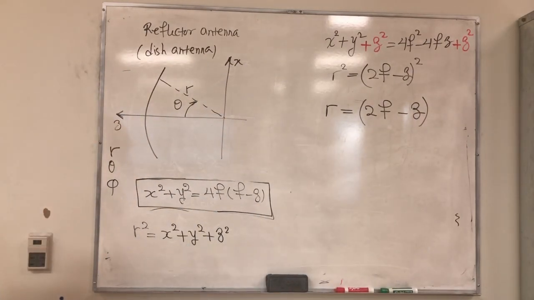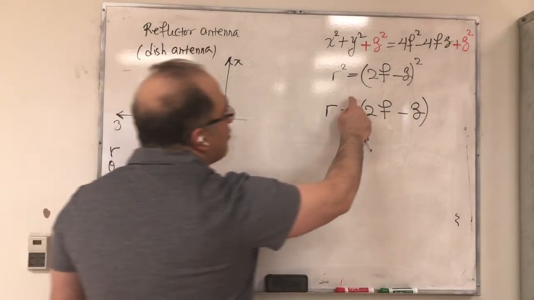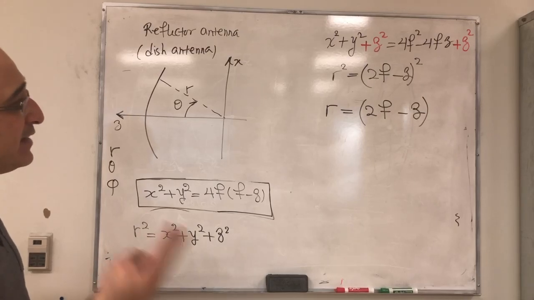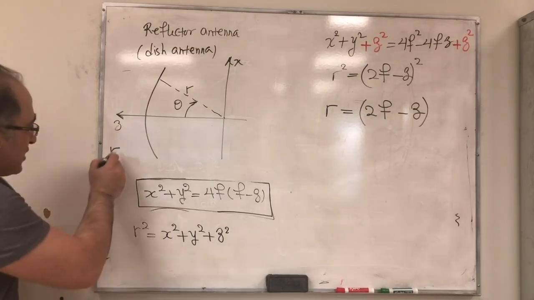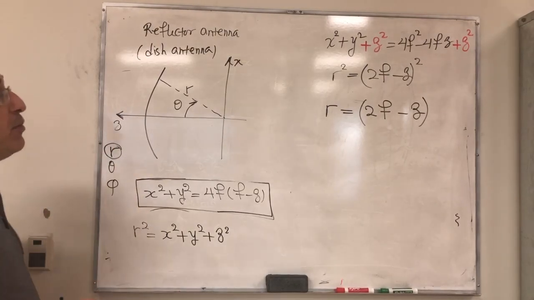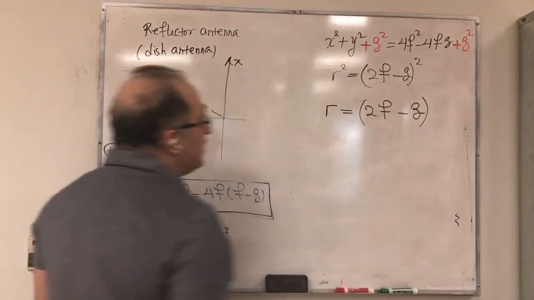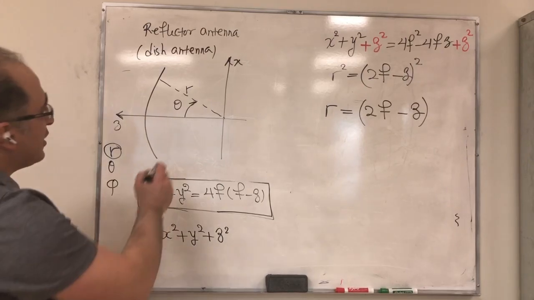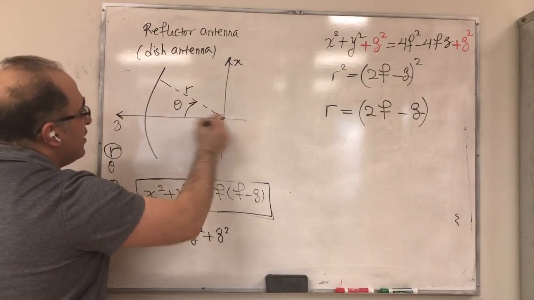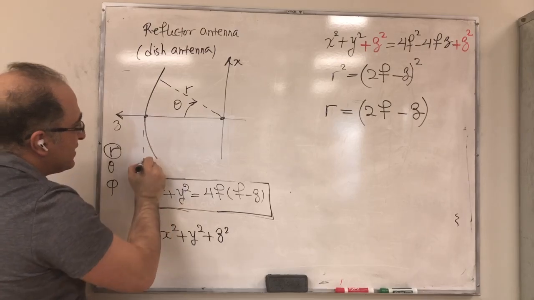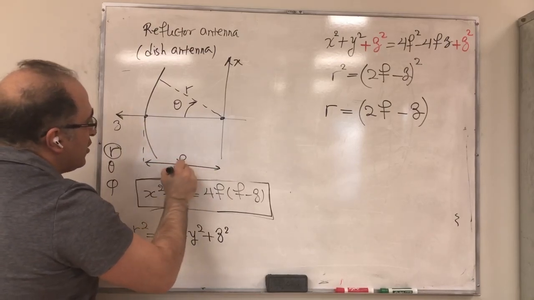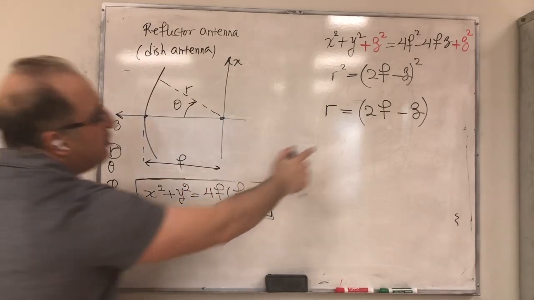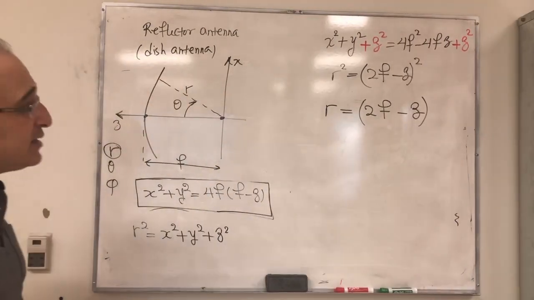And you might say this is in fact plus or minus, so why did I not choose minus? Because that's not a physical solution. In spherical coordinates, r needs to be positive, and this solution ensures that r is positive. You can see it here because this distance from here to here is f, so the remaining z values are all smaller than 2f. So 2f minus z is going to be positive.